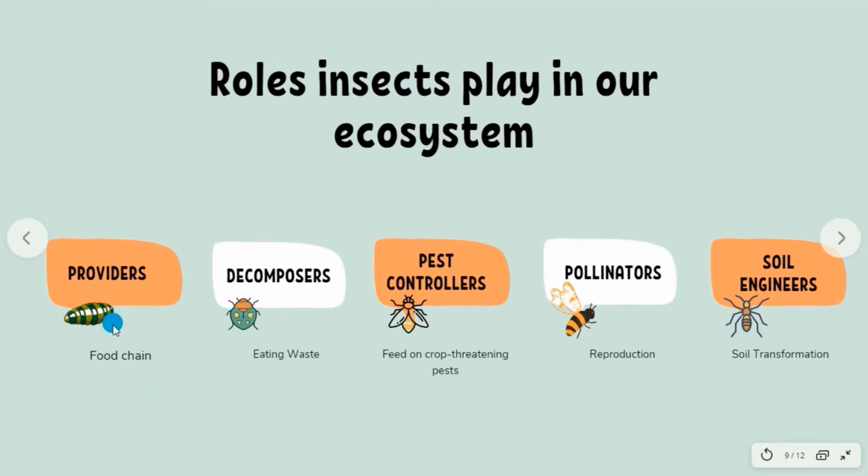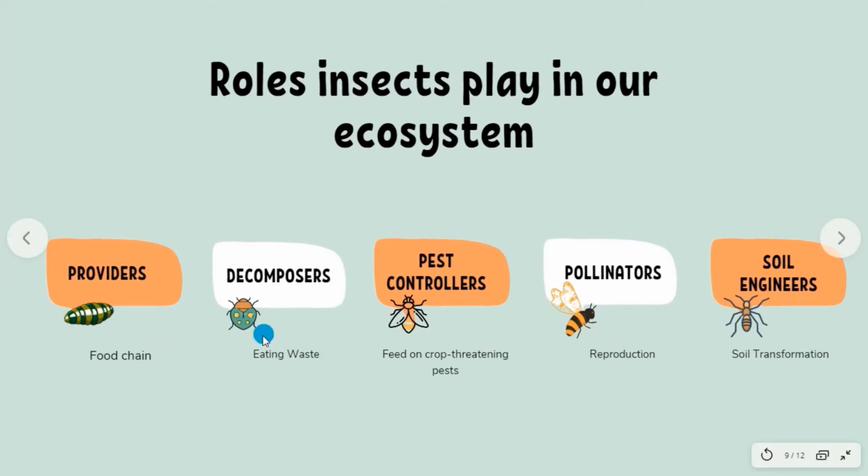These insects are in nearly every food chain, so many larger animals, birds and fish eat those insects before they themselves turn and are eaten by predators. So that's why these insects are considered a good food resource for a lot of creatures.